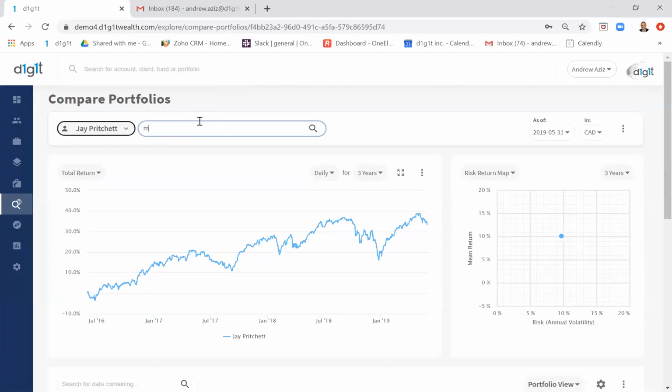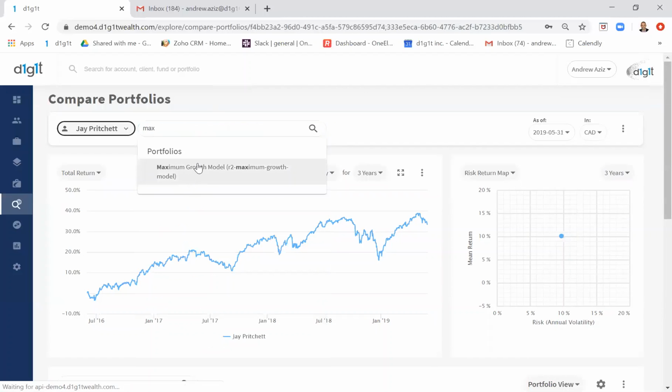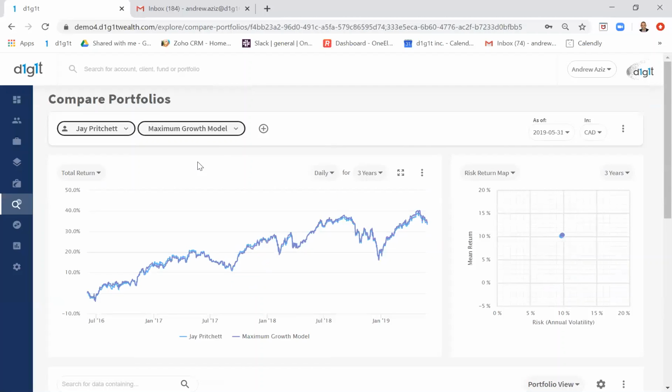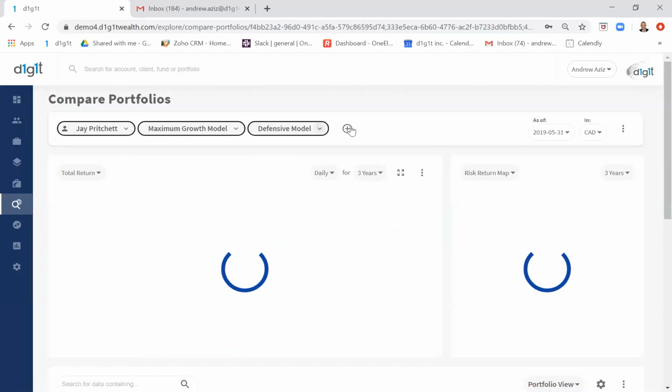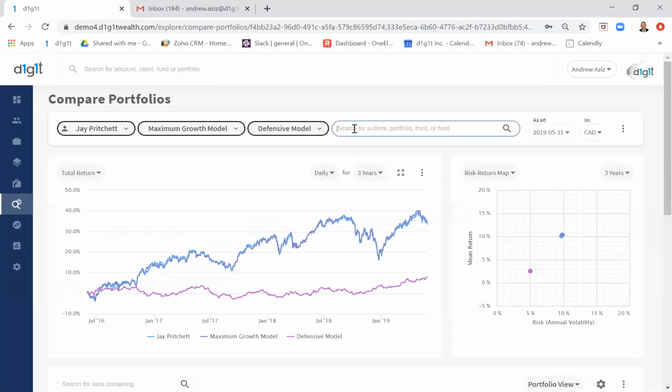We've associated him with a maximum growth model, and as we can see, he's tracked to it quite well. The panel to the right shows high risk associated with that high return. So if we want to dial back a bit, we could consider some other model portfolios that we have available, such as a defensive model and a balanced portfolio.